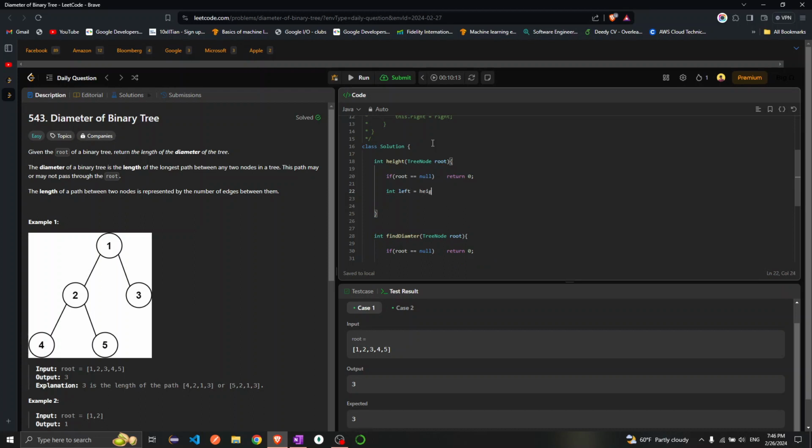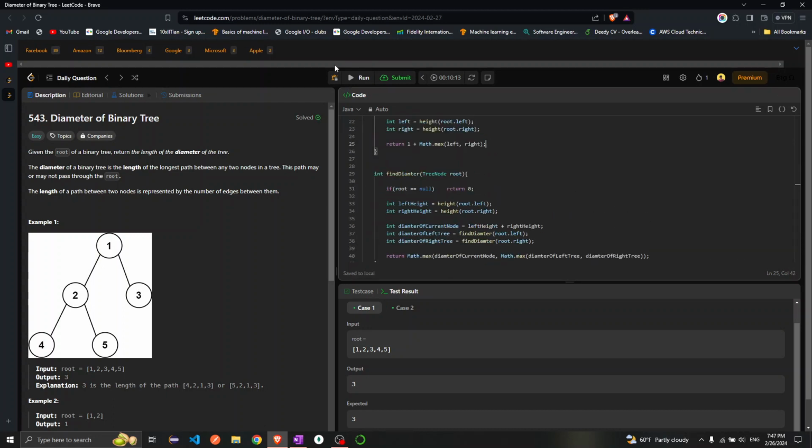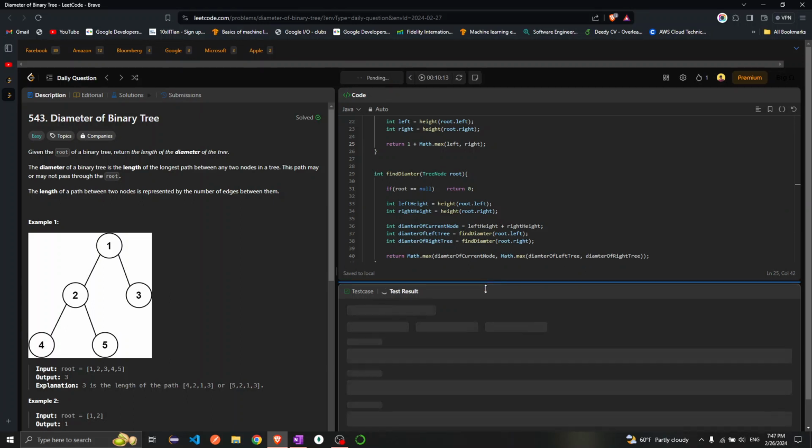Left equals height of root dot left, right equals height of root dot right. And what I'll do is take the maximum of both, left comma right, and I'll return it by adding 1, as I have already said. I don't know if this works or not. Let's try.